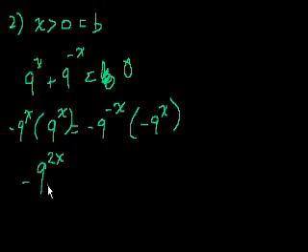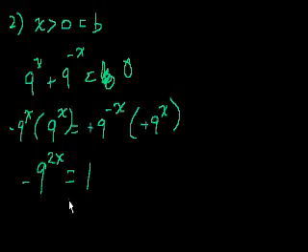Just add the exponents, is equal to, minus times a minus is a positive, and then a minus x and a positive x. Add them together, you get 0, so 9 to the 0 is 1. So that simplifies to minus 9 to the 2x is equal to 1.